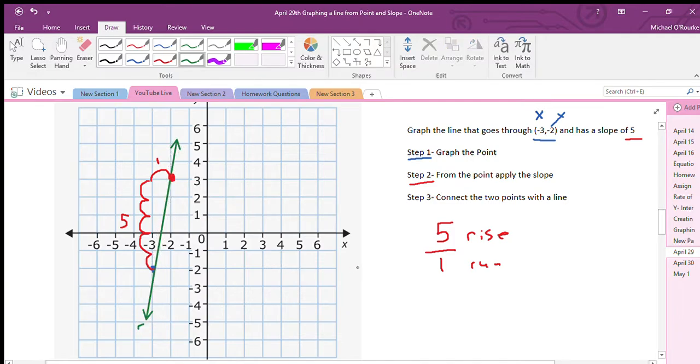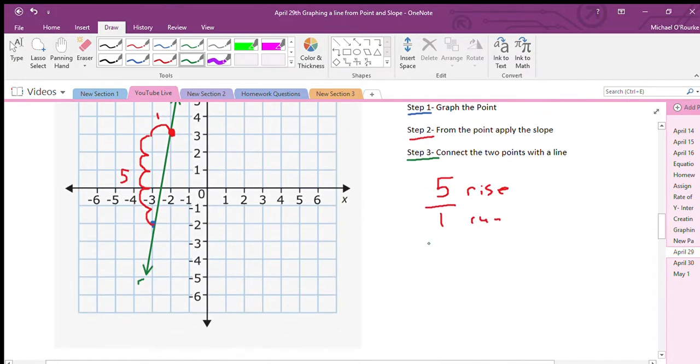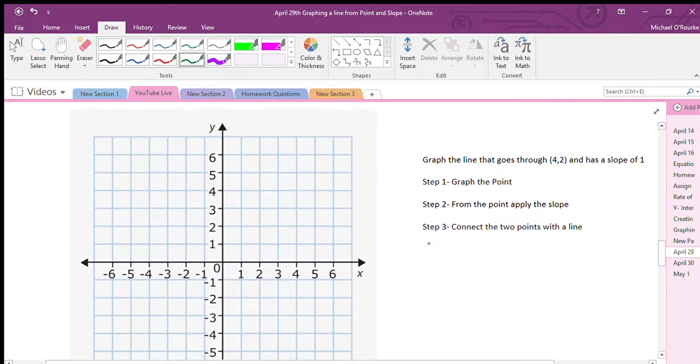There we go. Oops, I forgot to draw a third step here. So I'm going to give you a minute to work ahead on this.